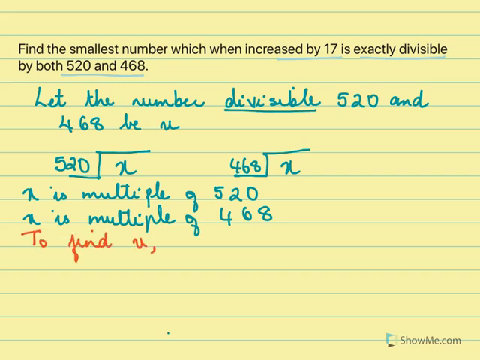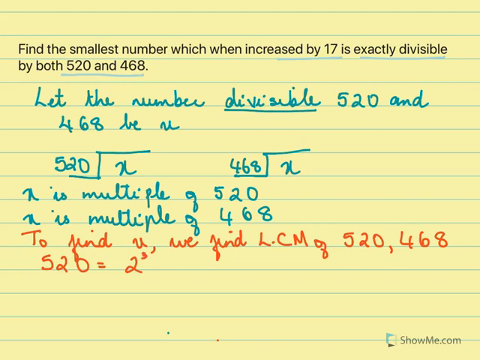To find x we find the LCM of 520 and 468. So to find LCM, you do prime factorization of 520, which is 2 cube into 13 into 5. Then 468.